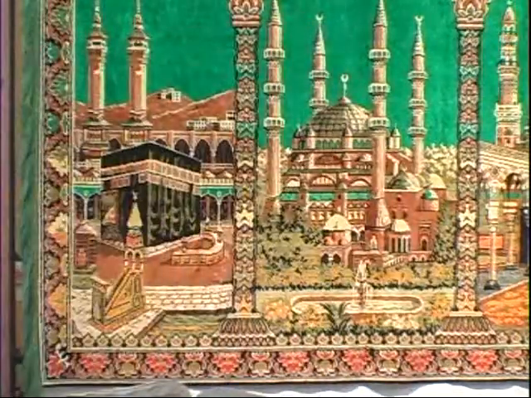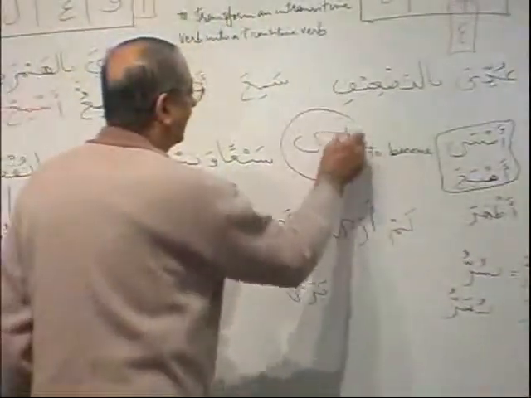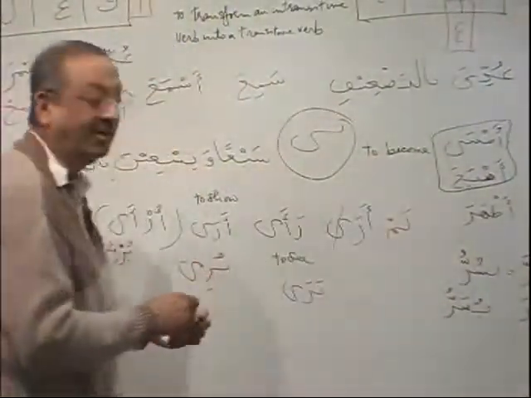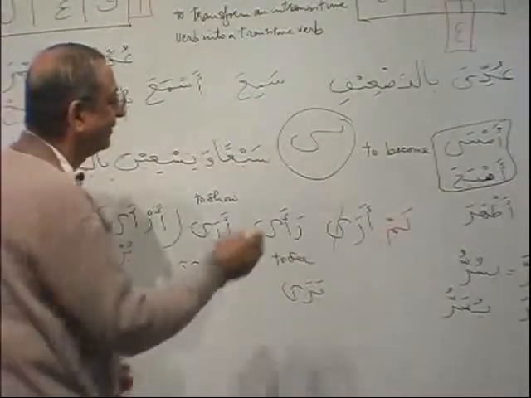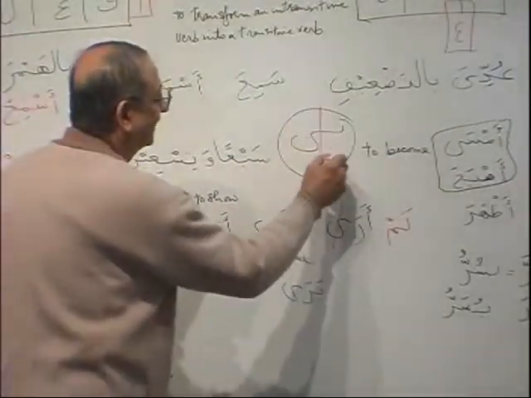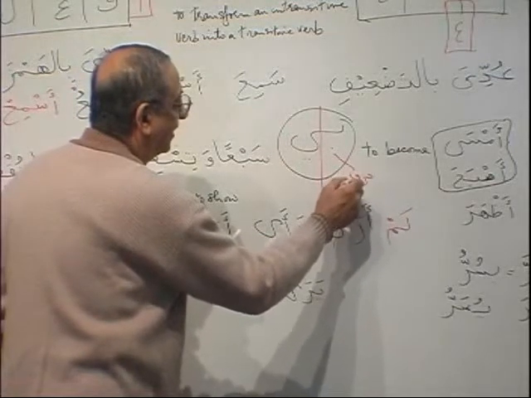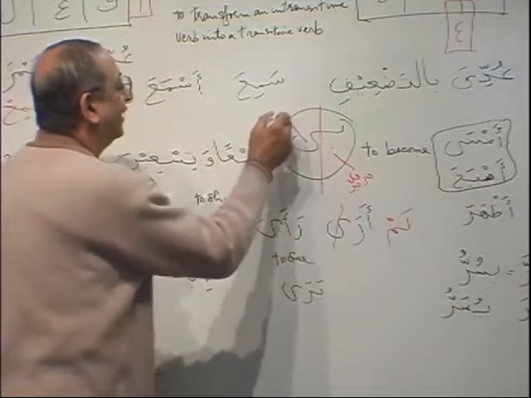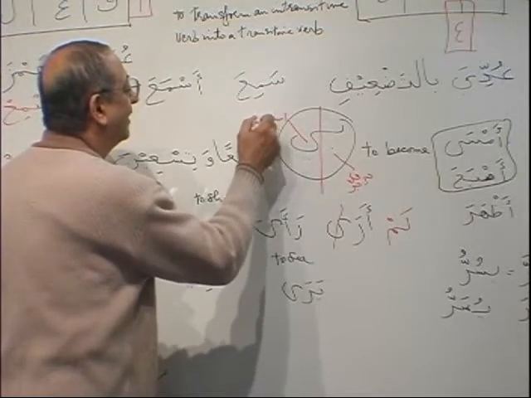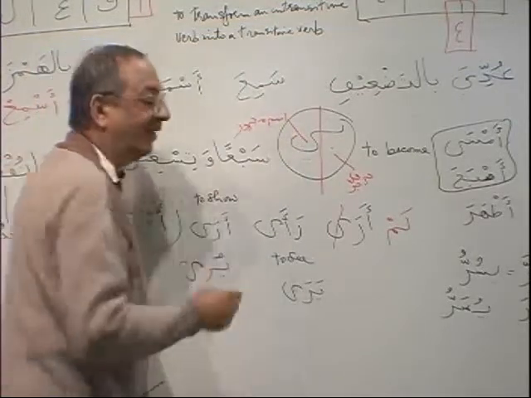2. Again, let me write it down so that it's very clear. B. How many letters are there? 2. This is your harf jar. And what is this? Ism majroor. Are you with me?